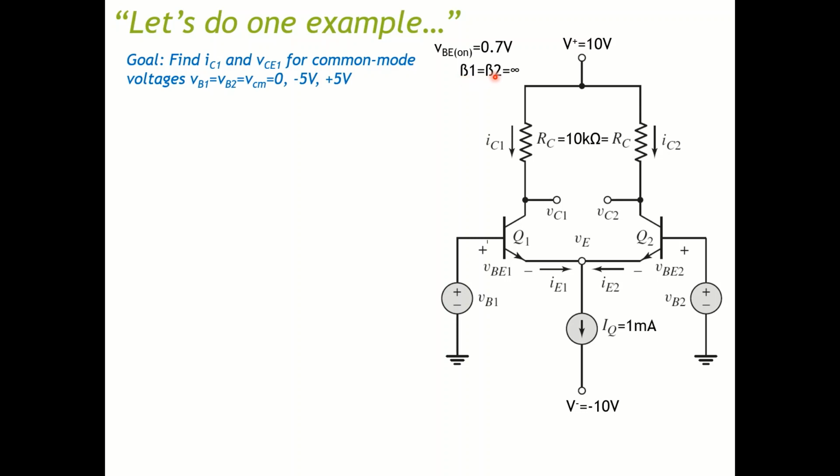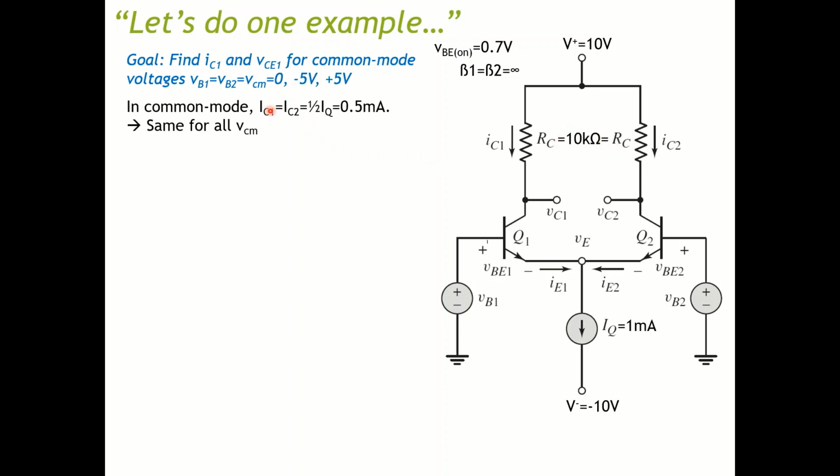Beta 1 and beta 2 will be set to infinity, which means I just want it to be very large so that the base current is negligibly small. And finally, I can have my constant current source IQ to be 1 milliampere, and both collector resistances RC on both branches equal to 10k ohms.